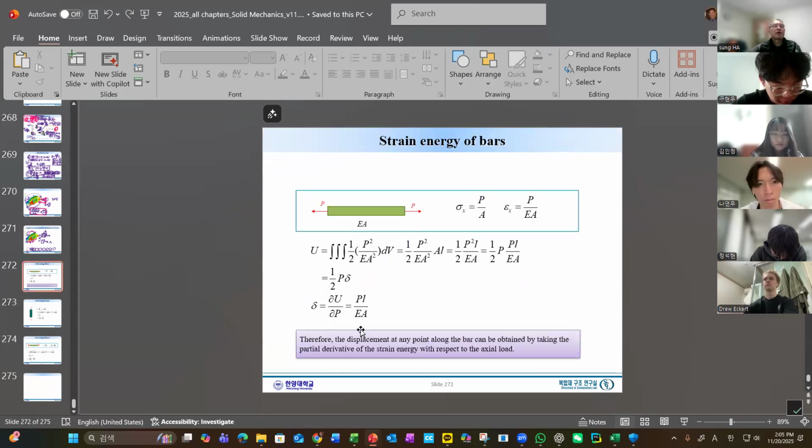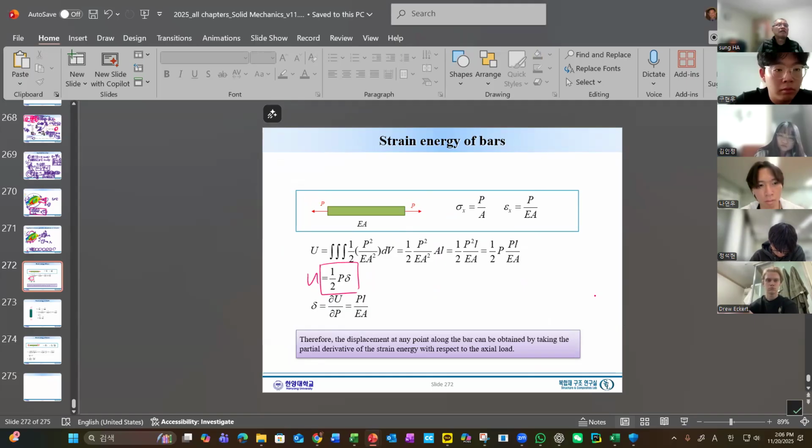So for this one we already have delta. Since we know that P is given as this, taking the derivative we get delta equals PL over EA. We have this equation from this.